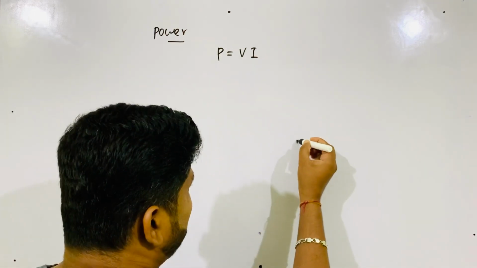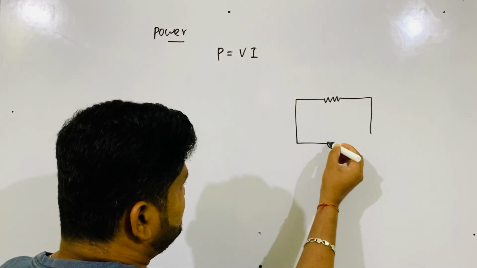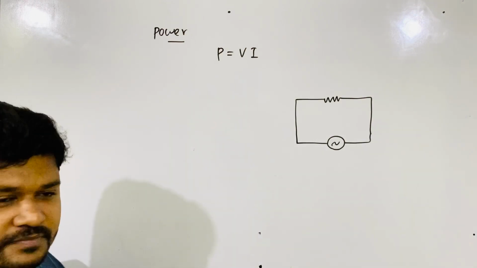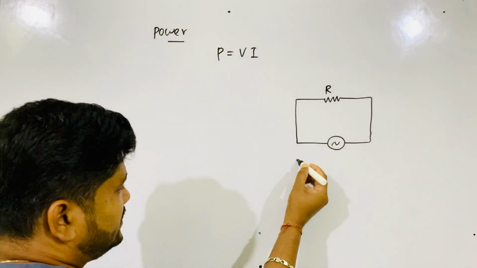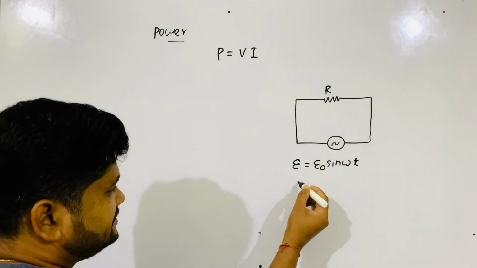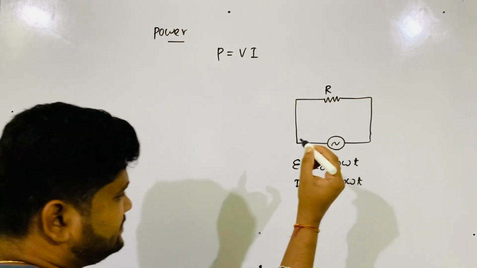Suppose a simple resistor is connected to an AC source. This is the AC source symbol. This is the resistor. You know the EMF equation, E equal to E naught sin omega t. Then I is equal to I naught sin omega t.